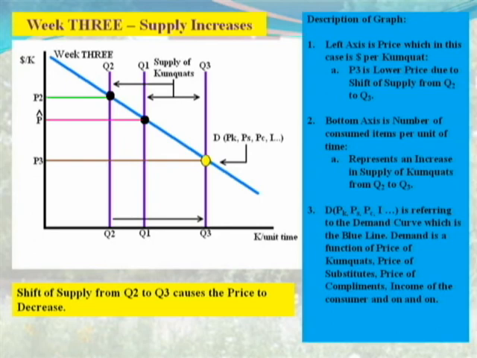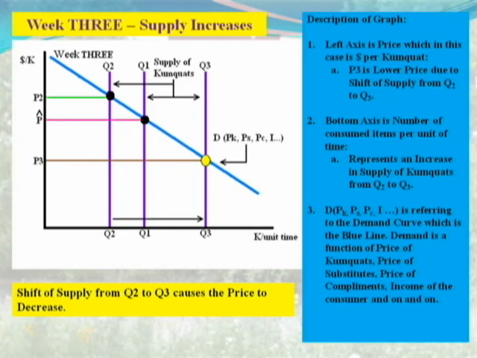And the bottom axis represents number of consumed items per unit of time, and in this case represents an increase in supply of kumquats from level Q2 to level Q3. You can see where the purple line moves from Q2 to Q3.